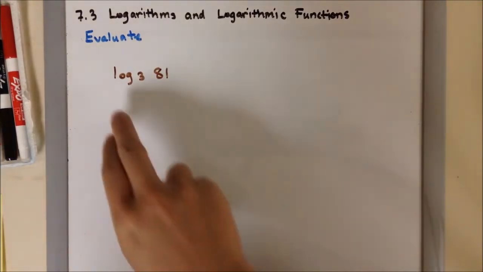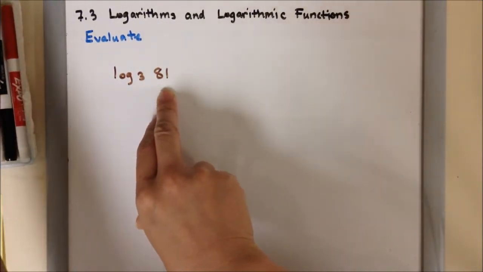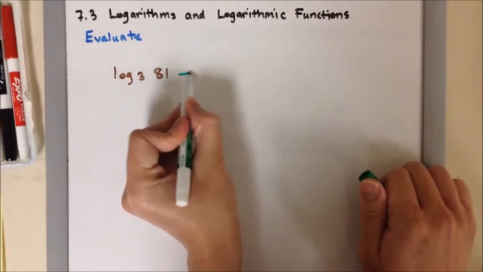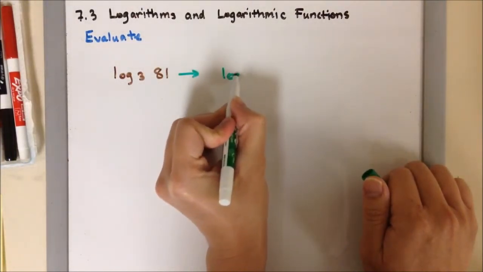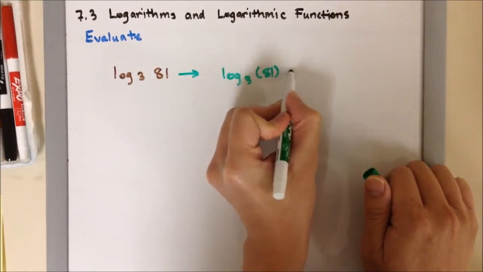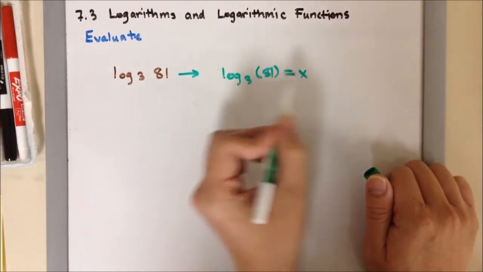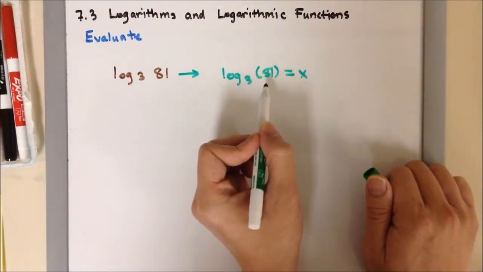In this example, we have log base 3 of 81. So let's rewrite that. So log base 3 of 81, and I'm going to put in my equal x. So we're basically asking 3 to what power equals 81?